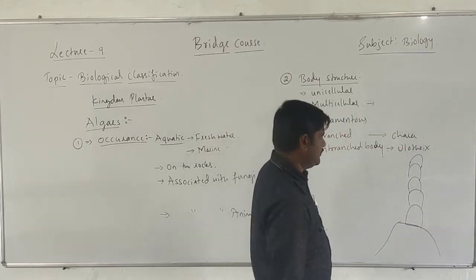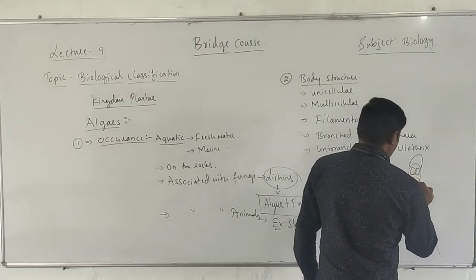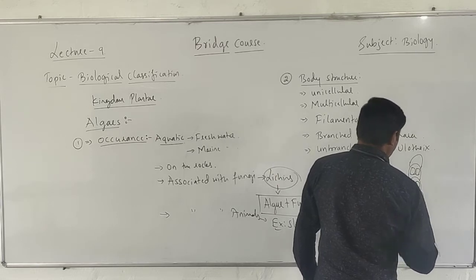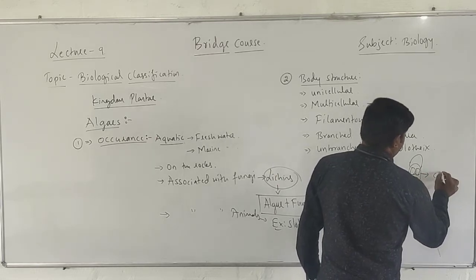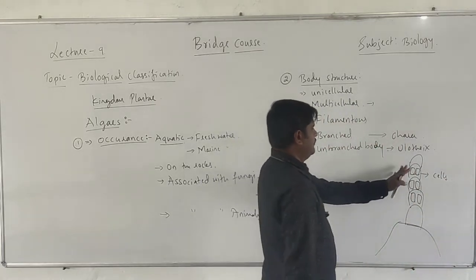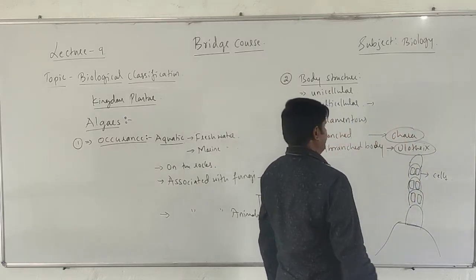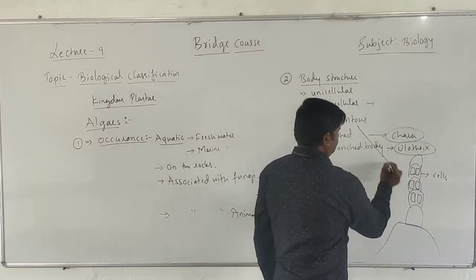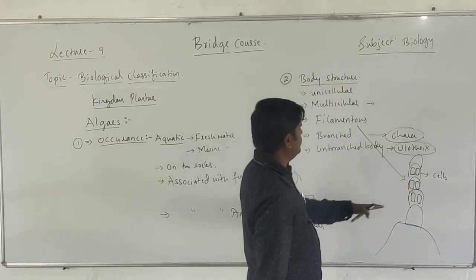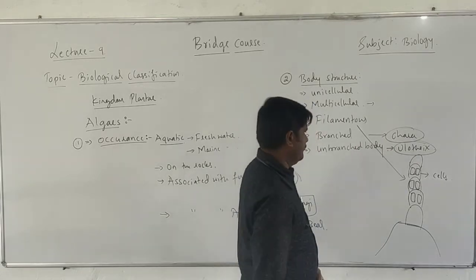This kind of structure that we come across, right? These are cells. These are nothing but cells, right? So like this, Ulothrix, Chara are the best examples. This is a filamentous body. This is how the structure of the body of these organisms will be.